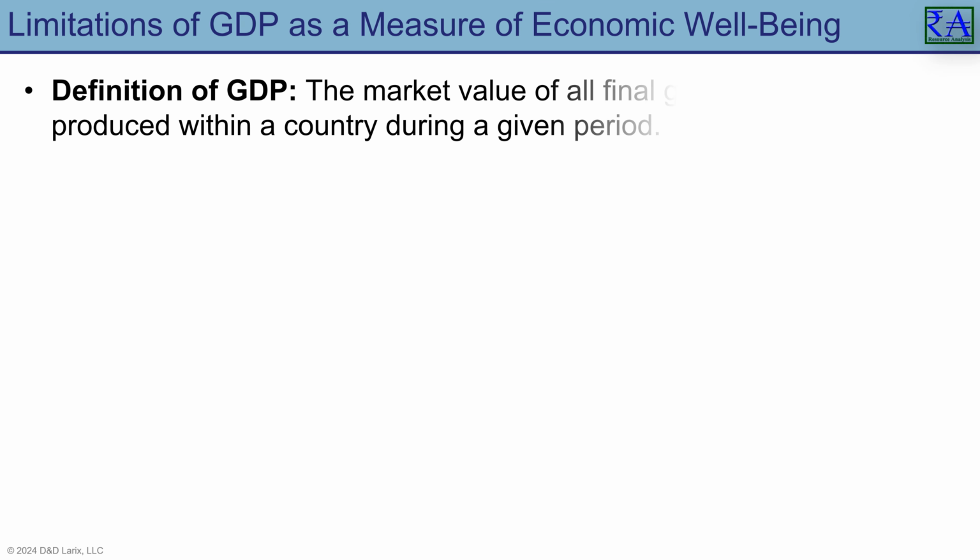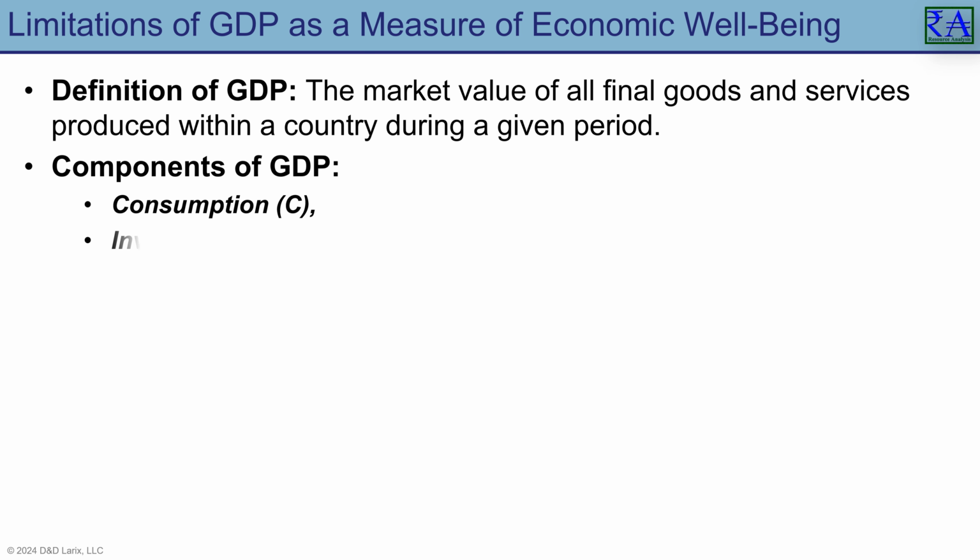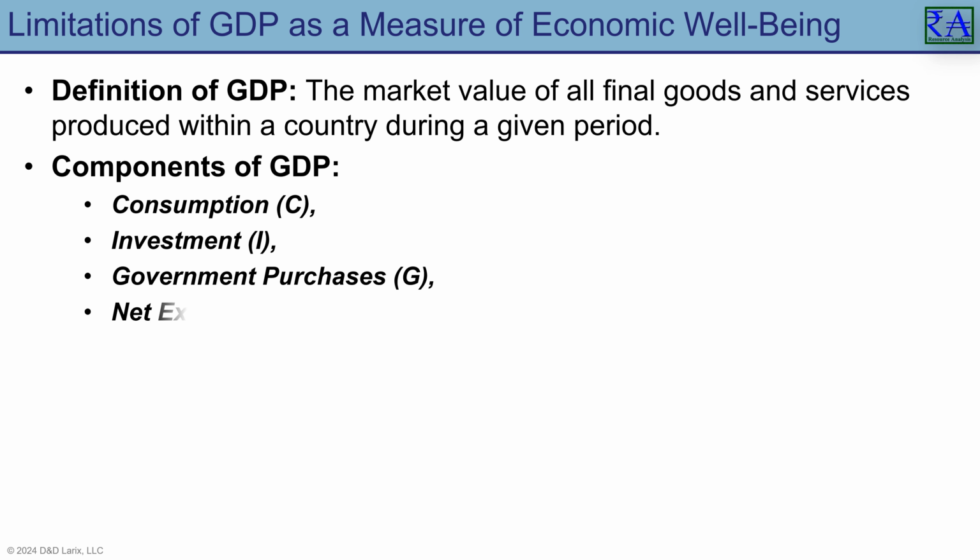As we conclude section 4.1, let's recap the key concepts. Gross domestic product is a vital measure of the nation's economic activity, representing the market value of all final goods and services produced within a country during a specific period. The main components of GDP include consumption, investment, government purchases, and net exports.